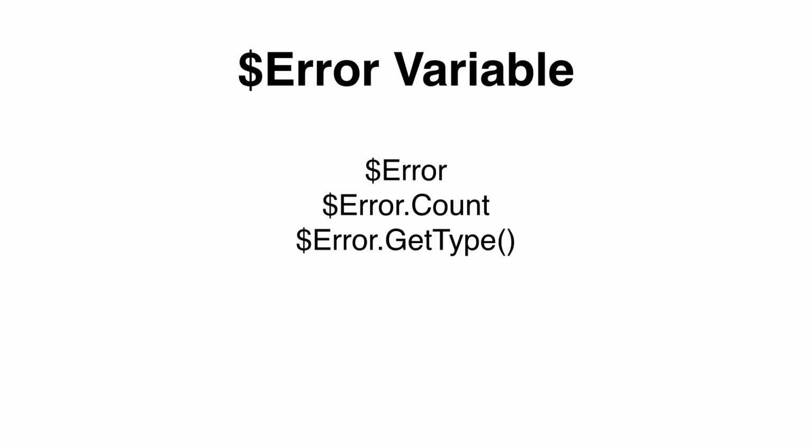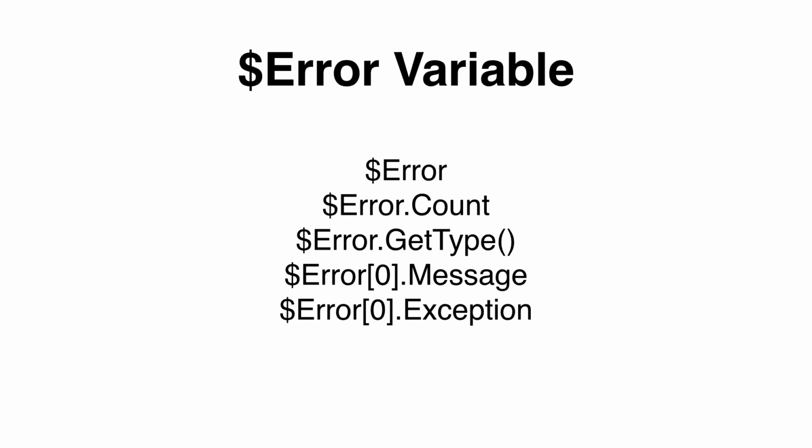We can do that by calling the $error GetType method. These error messages are indexed in reverse order, meaning that the first or the latest message will always be indexed to 0, and all the older messages will be moved one index up. So the message that occurred before that will be moved to 1, and an error message that even occurred before that message will be moved to index number 2.